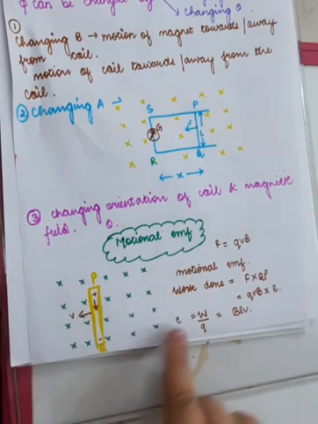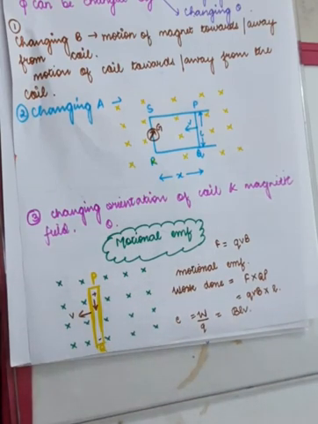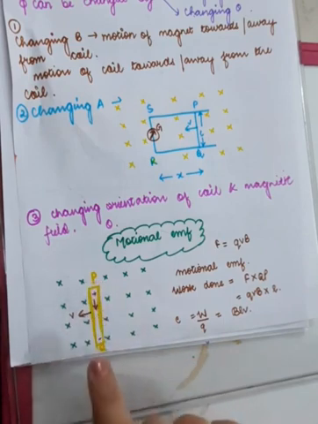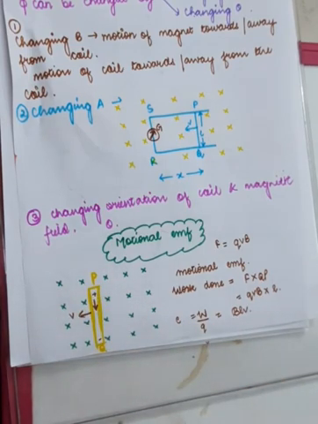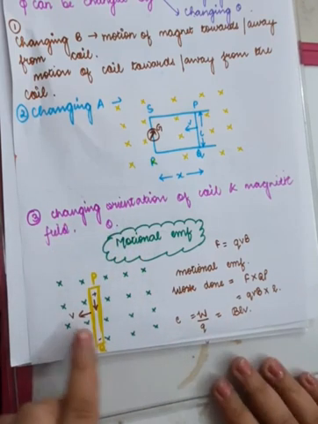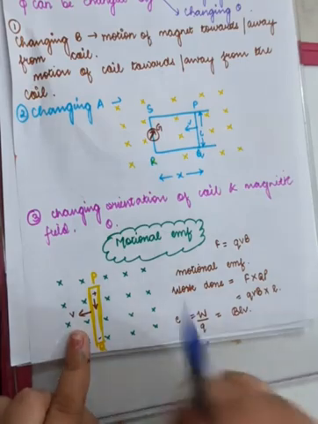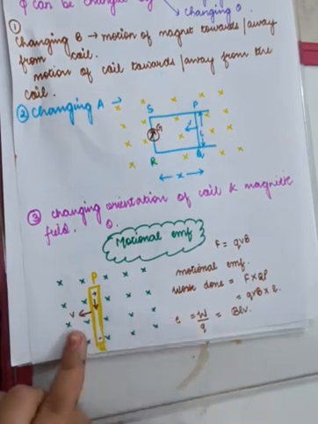Suppose this is a magnetic field which is directed inwards to the plane of paper. This yellow colored rod PQ. Okay, now what will happen, I am moving PQ in the magnetic field. So this is the velocity v with which I am moving this rod PQ.